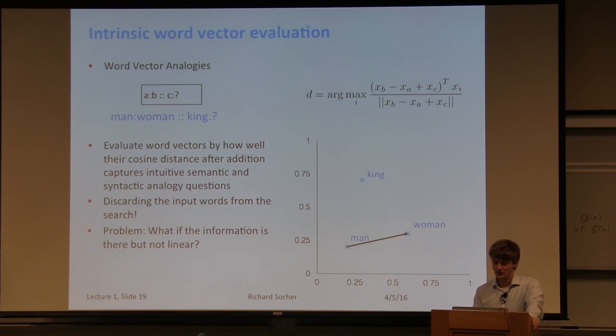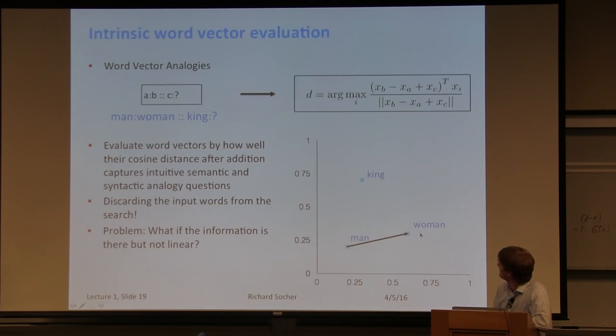So if we take, for instance here, the vector difference of man minus woman, and we get this vector here, and we do the same thing for king, then ideally up here, our word vectors would have placed queen. And so we can essentially just use this cosine distance after all these additions, and we find the argmax, the vector that maximizes this cosine distance. It's the normalized inner product.